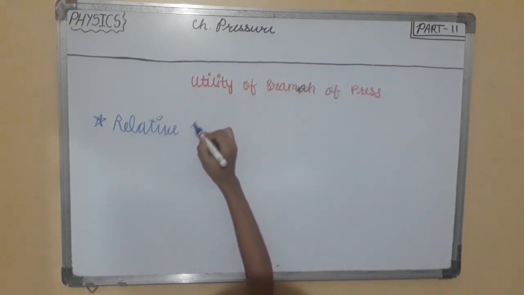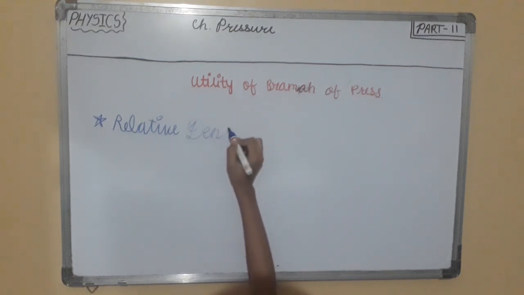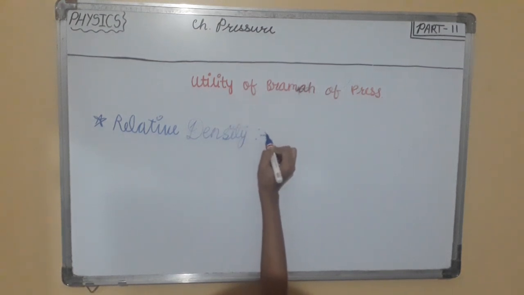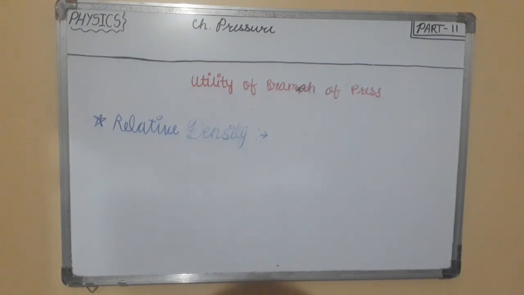Now, let us consider mercury of density 13.6 gram per centimeter cube, alcohol of density 0.8 gram per centimeter cube, and aluminium of density 2.7 gram per centimeter cube.